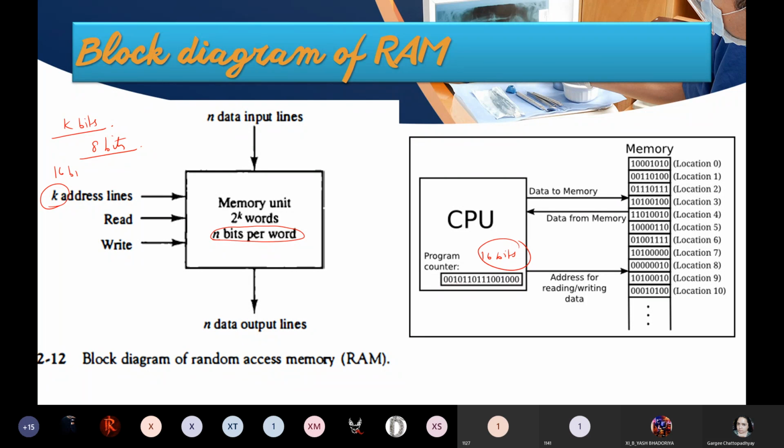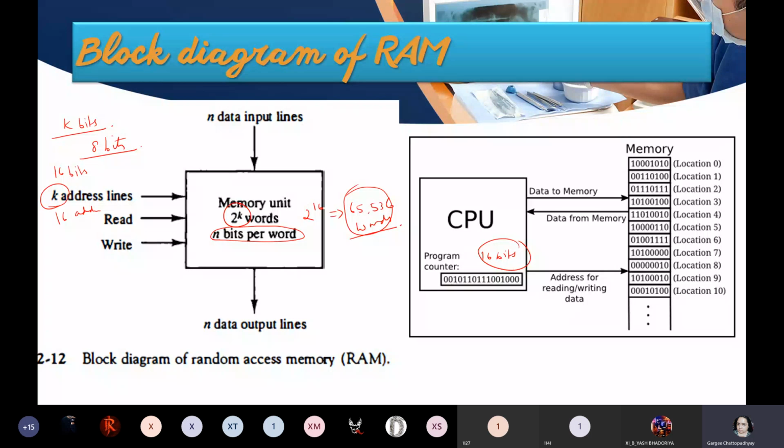Understood? So that means it makes 16 address lines. And 2 raised to the power k, 2 raised to the power 16, what will it be? 65,536 words. That is, the total size of your memory will be 65,536 words. Depending upon the number of bits per word, you will be dividing this memory.